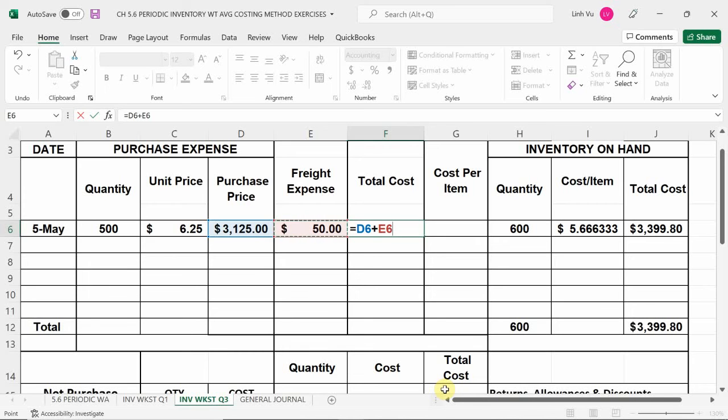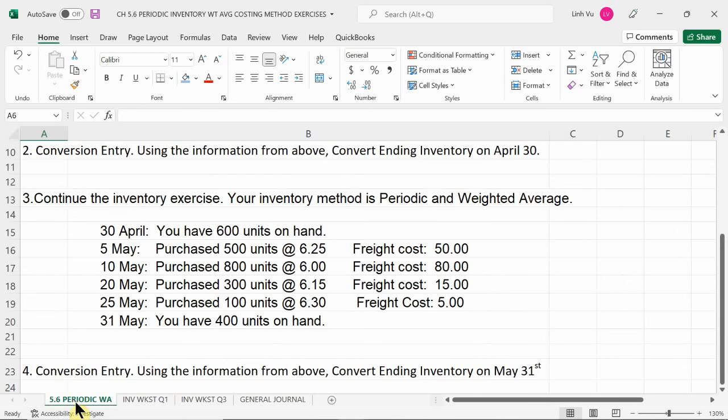It's $3,175. Yes, purchase price plus freight gives me my total cost of $3,175. In this case, I don't need to solve for my cost per item because I'm going to add it to my beginning balance anyway, so no need to solve for my average cost here.